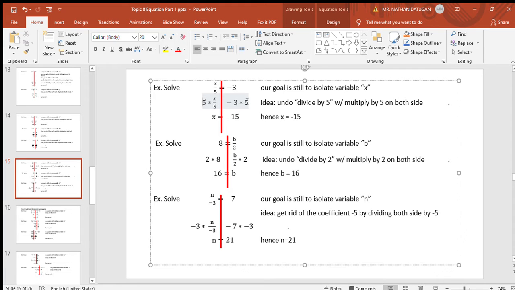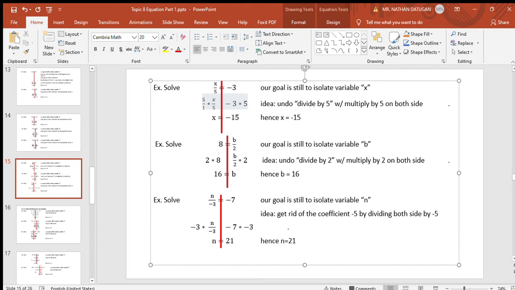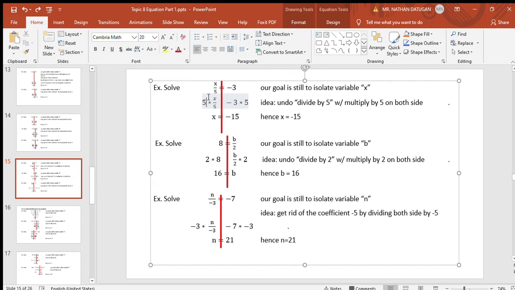Negative 3 times 5 is negative 15. And 5 times x over 5 is basically the same thing as 5 over 1 times x over 5. You can simplify 5 and 5 and you're left with x. So x is equal to negative 15.